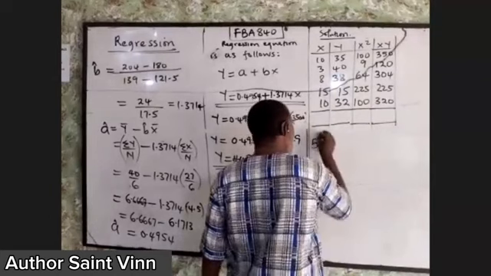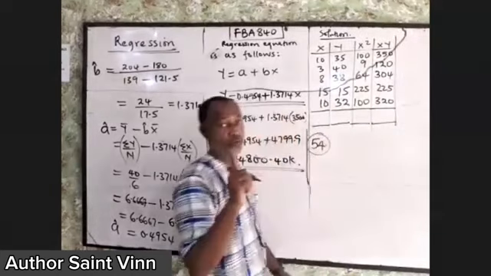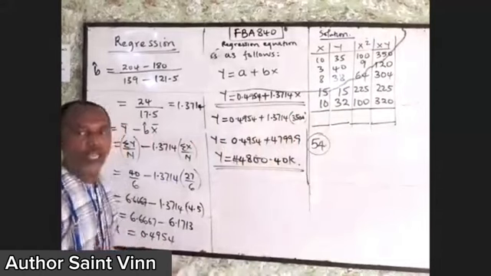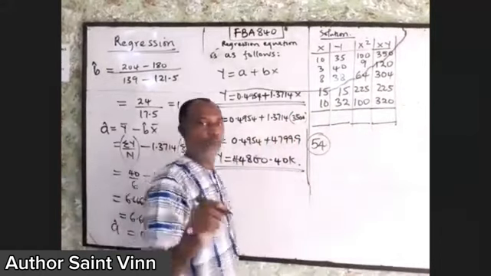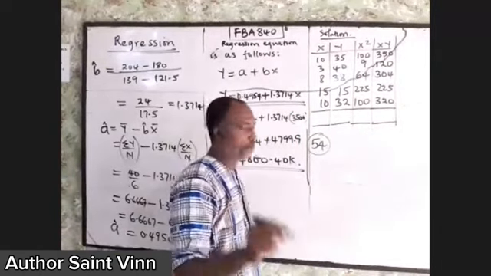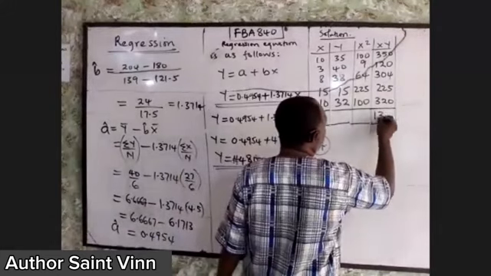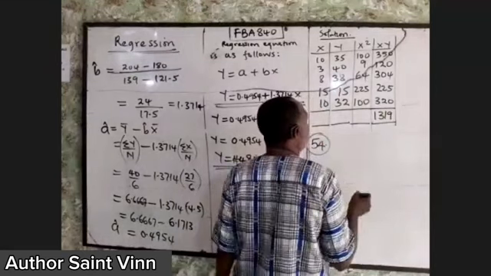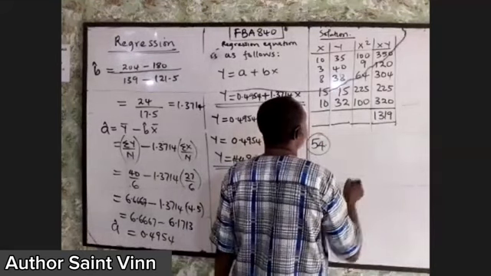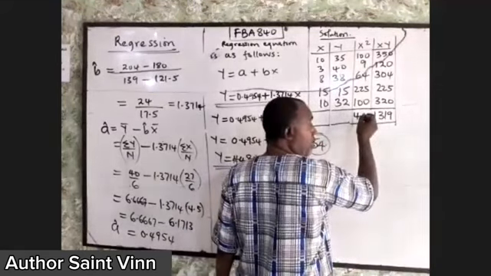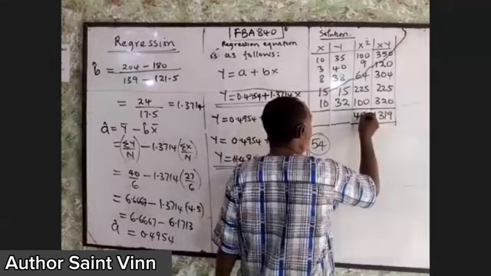Number 54. There was 53, but you can only get 53 when you have gotten number 54. XY is 1319. Then X squared is 498.